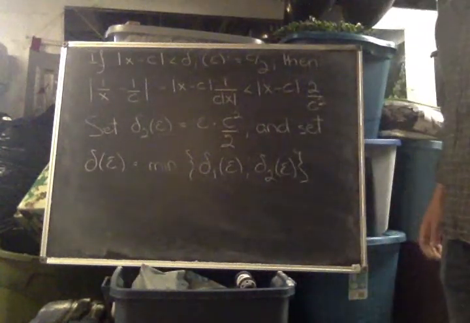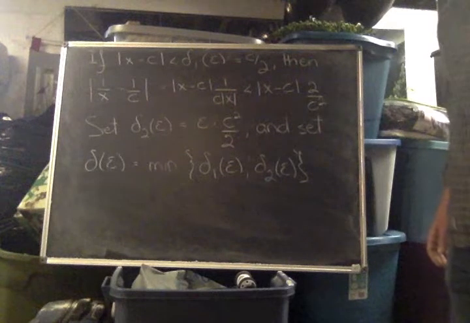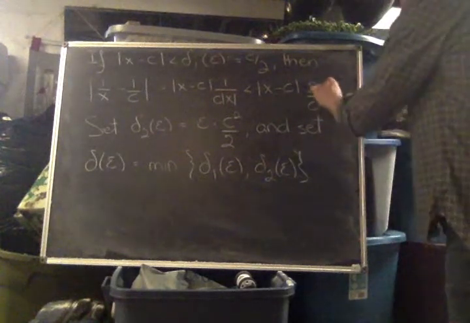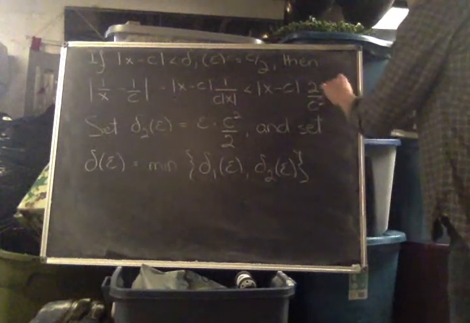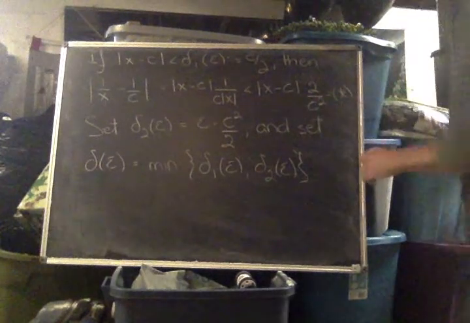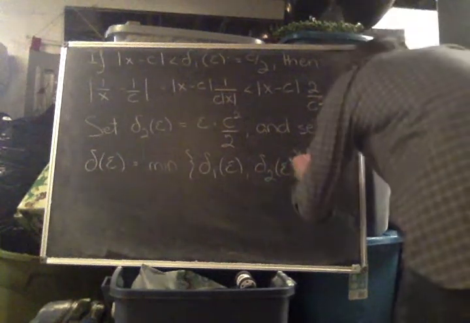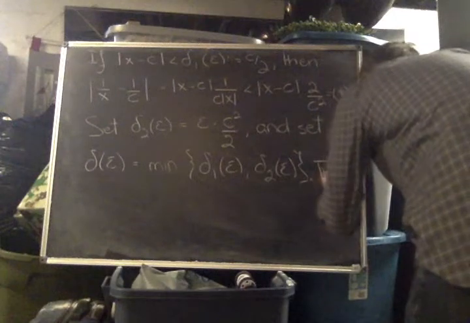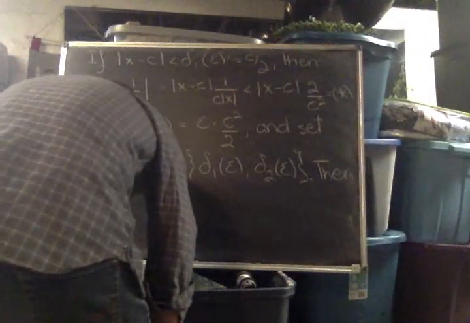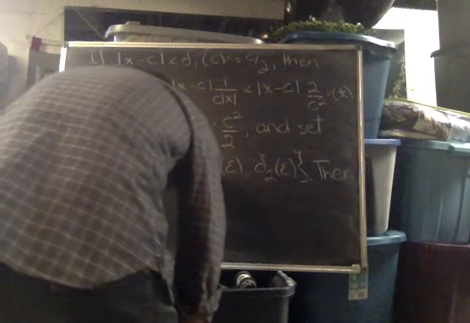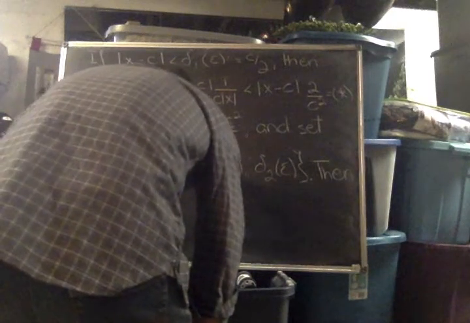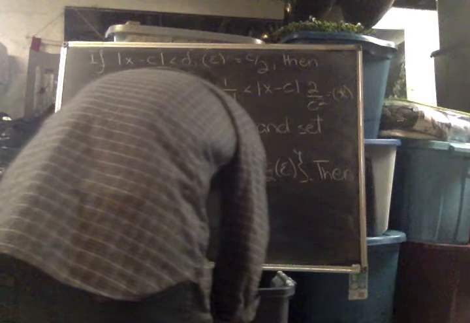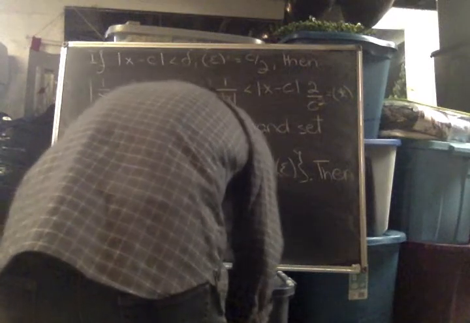Okay? And then if we call this star, we can say then star is strictly less than epsilon times c squared over 2.